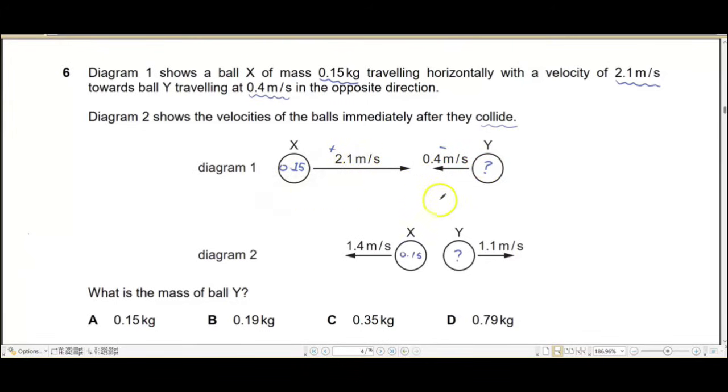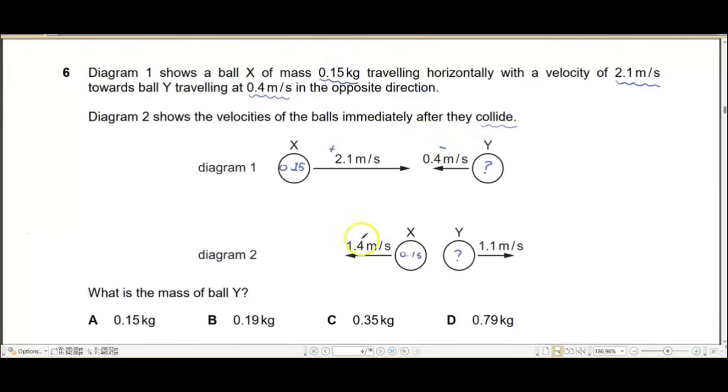You can take any quantity to be positive and any quantity to be negative. If you take this quantity to be negative and this quantity to be positive, it's just perfectly fine. It's up to you. One has to be negative, one has to be positive, and you can decide which one you're taking as positive. So we are taking the direction towards right as positive and the one towards left as negative.